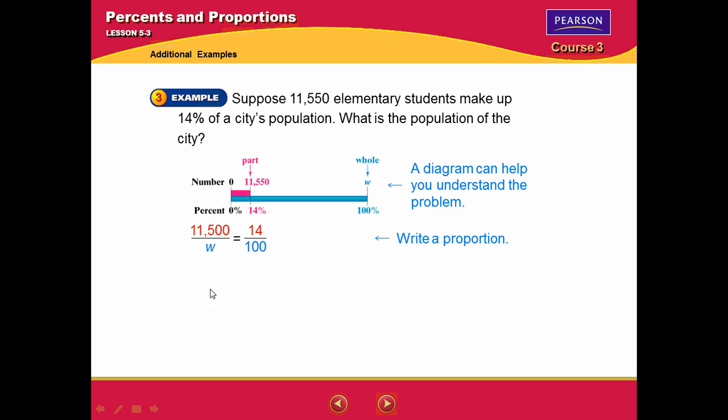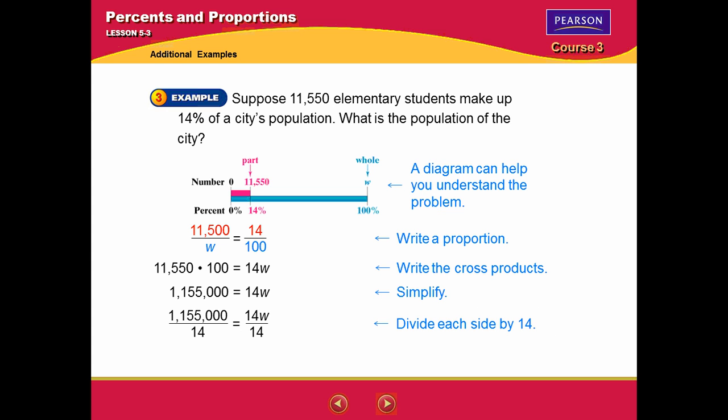You're going to set up your proportion. 11,550 is going to go over the variable W, representing the whole amount. The percent is 14. We put that over 100. Again, you're going to multiply, get your cross products, simplify, divide each side by 14. And your answer in this case would be 82,500.